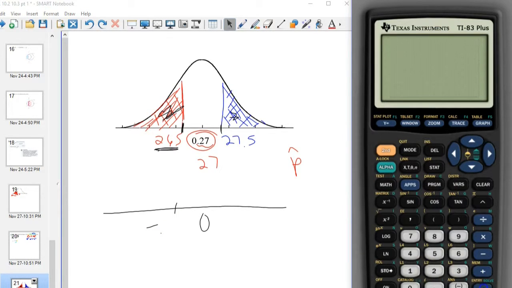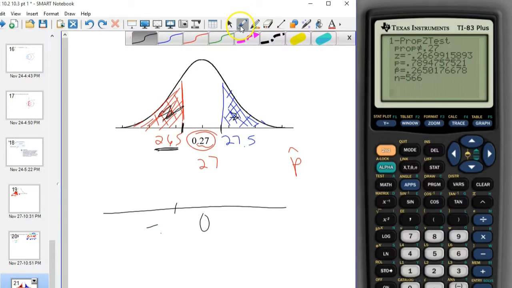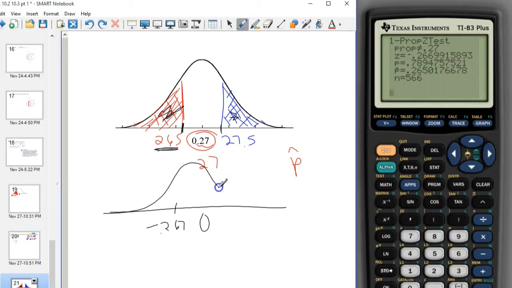What was it again? 0.267. That's our test statistic. So in the standard normal distribution, the mean, the middle, is 0 and negative 0.267 is our number. Okay, but again, we also have to consider positive 0.267 and everything to the right of that.